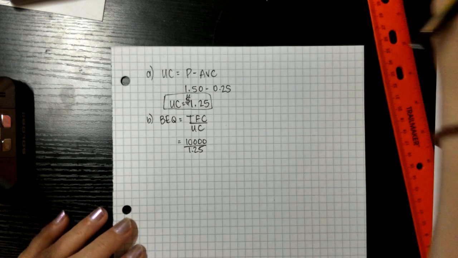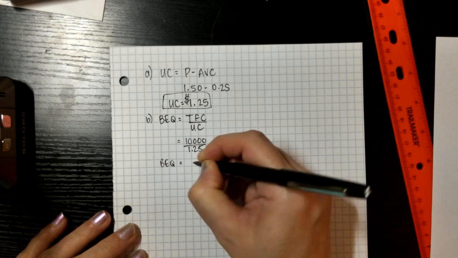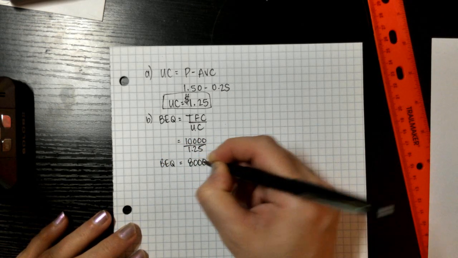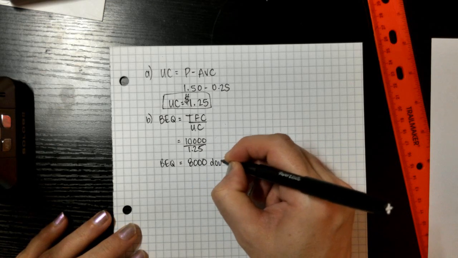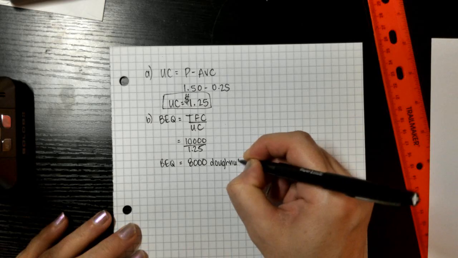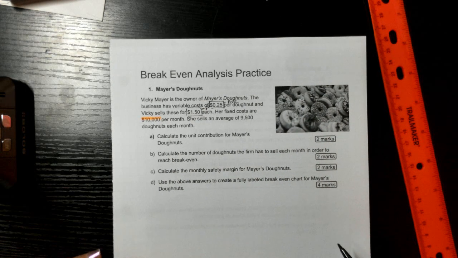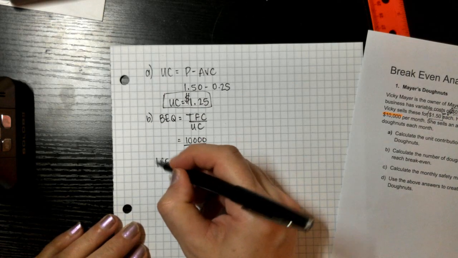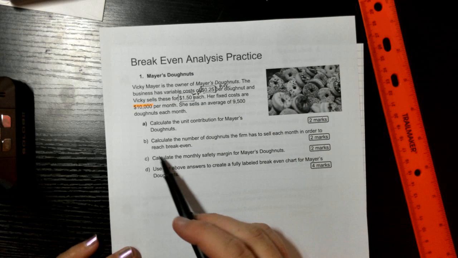This is going to give us a break-even quantity of 8,000, and since it's quantity, this is donuts. And I know they spell donuts weird in this case study, but that is how it's spelled in this case study. Okay. All right, so again, easy enough. Make your answer stand out. Going on to the next question.